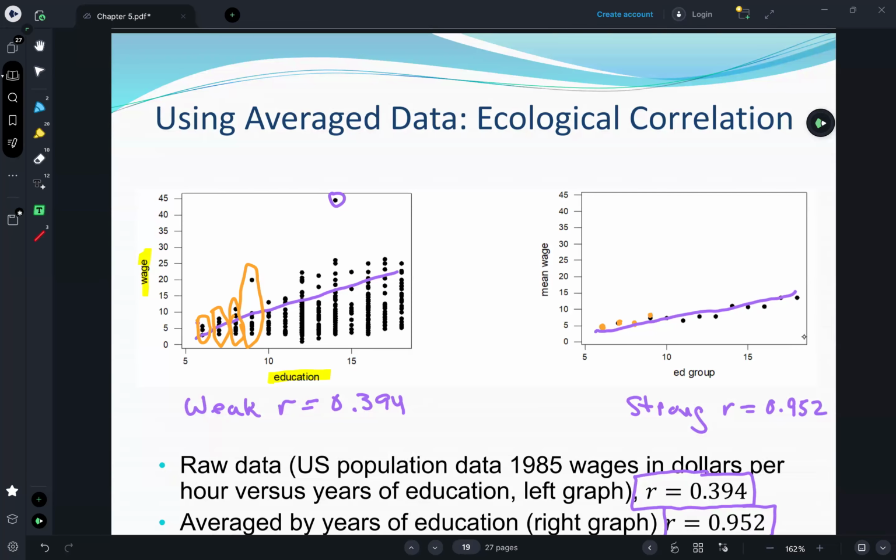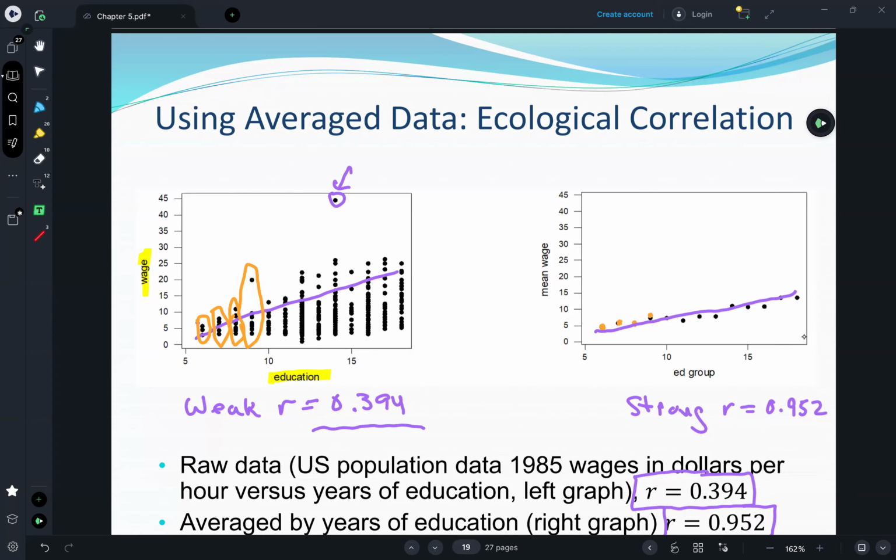As education increases, so does the wage. We have an outlier up here, but we have lots of individual people and their education and their wage plotted here, and the R is 0.394.